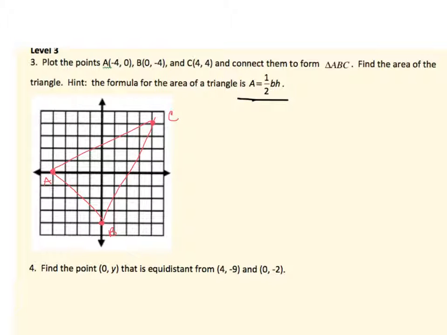So what I would do from here is find the lengths of each of the sides of the triangle and then see what that gives me. I'm going to use the distance formula in order to do that. First I'll find AC.